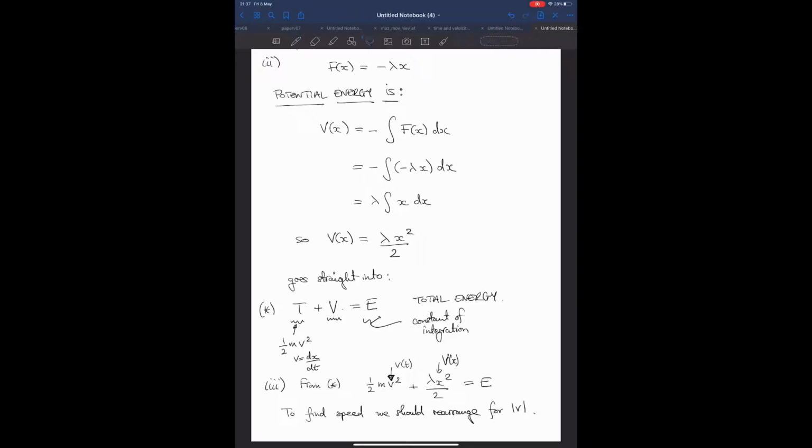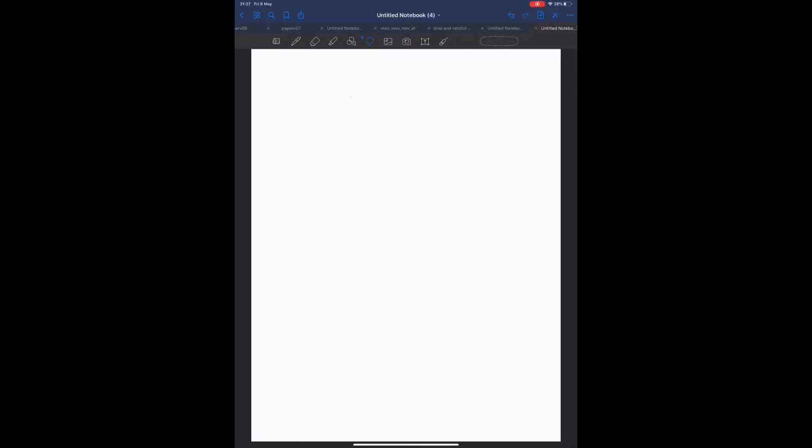So I'm going to take this equation, and what you'll notice is I can multiply both sides by 2, so that I get mv squared plus lambda x squared equals E times 2.